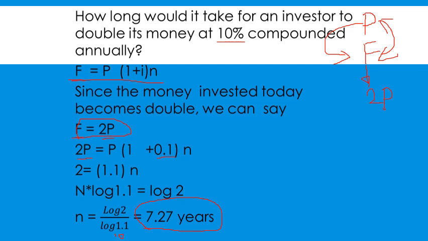What you need to understand here is that if you invest some amount today, it will get doubled at a rate of interest of 10% after 7.27 years, compounded annually. If the compounding is semi-annual, then what will happen? n will get reduced.